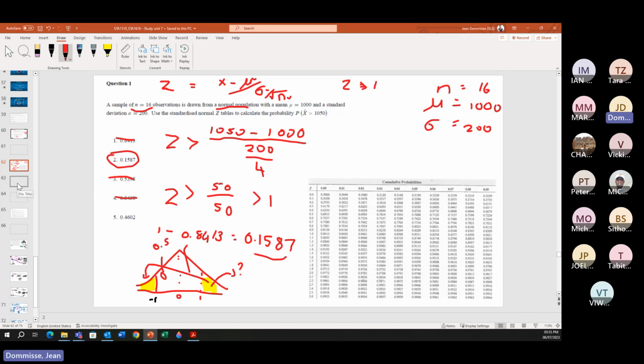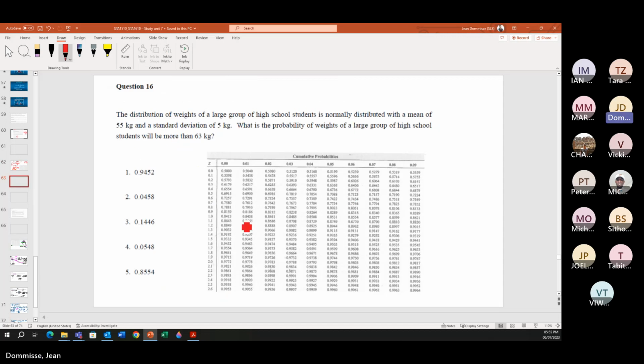Okay, let's go to the next one. Again, it's not happened in this question, but please just always be on the lookout that things are in the same format. So if we're talking time, that it is all in seconds or minutes or hours. If we're talking weight, if I give you kilograms, make sure everything is in kilograms.